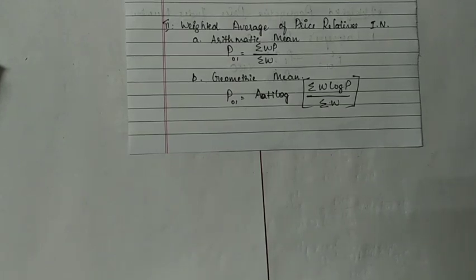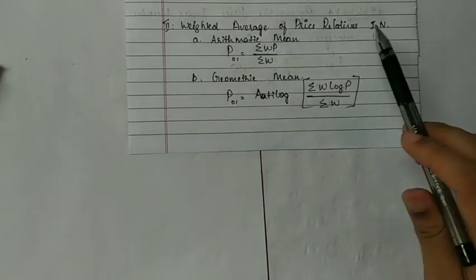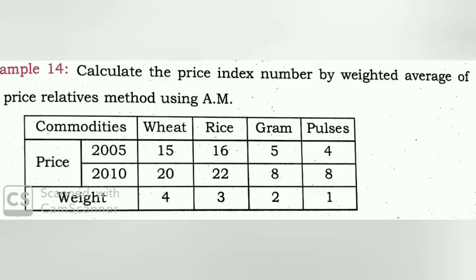So now let us solve one problem on weighted average of price relative index number. Calculate the price index number by weighted average of price relatives method using arithmetic mean. Commodities are wheat, rice, gram and pulses, with prices P0 and P1, and weights given.